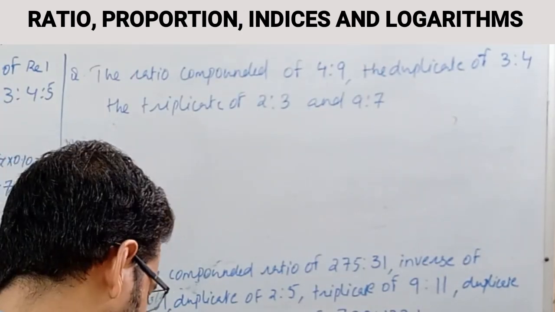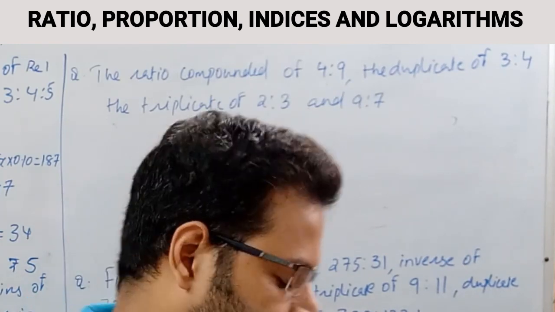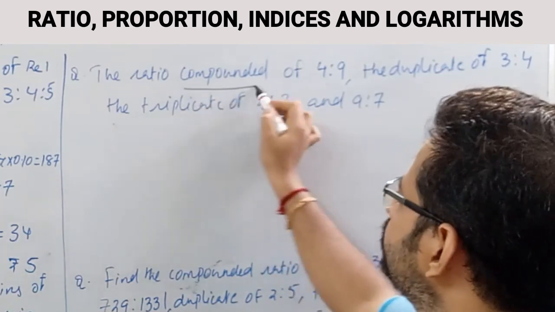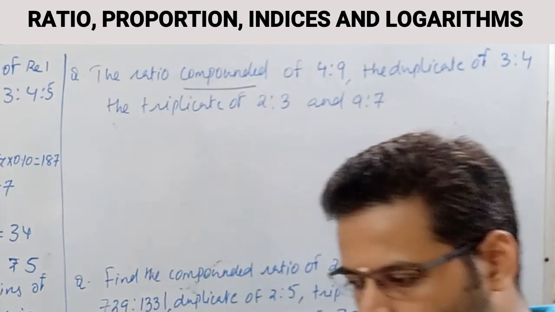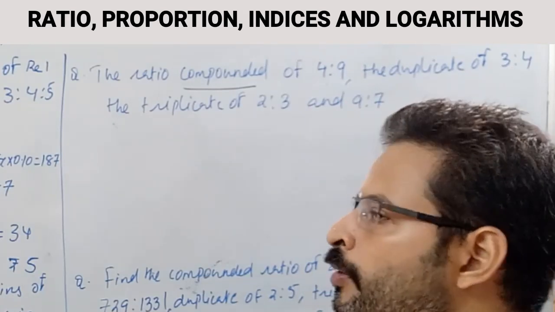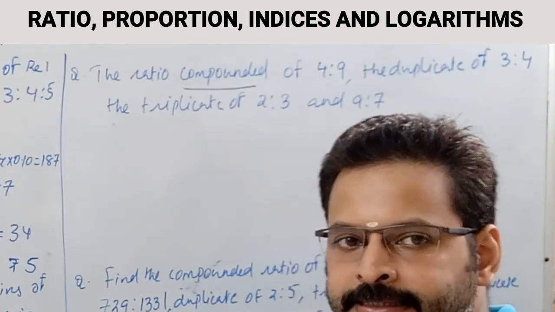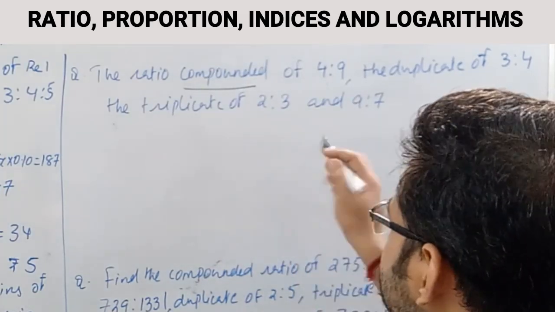Next question. The ratio compounded of 4:9, the duplicate of 3:4 and the triplicate of 2:3 and the ratio 9:7. Compounded ratio. As we all know, compounded ratio means the product of antecedents is to the product of consequents. Okay. Let us consider the question.